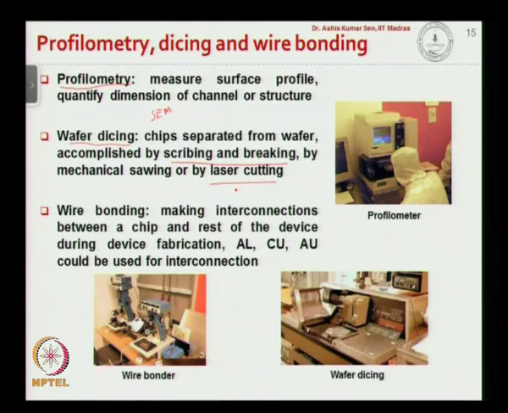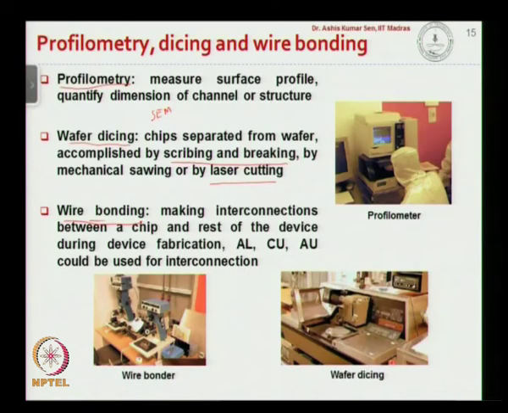The next step typically would be what is called wire bonding. In micro devices, including microfluidic devices, we would many times have fluid integrated with electrical electrodes. In order to establish electrical connection between different parts of the electrical network on the chip, or between the electrodes on the chip and the external electrodes, we would need to make electrical connections.